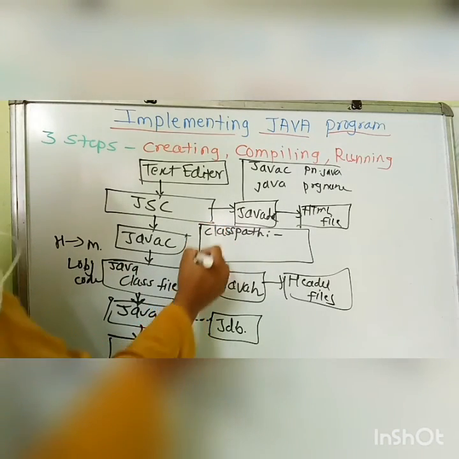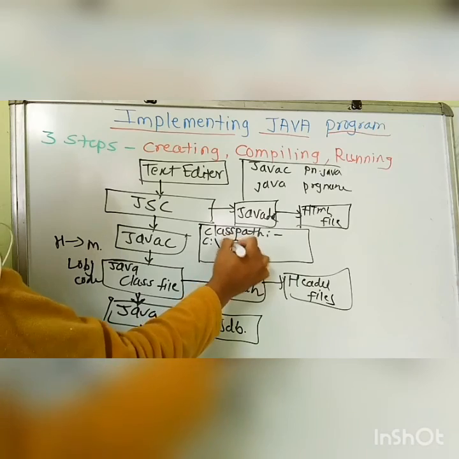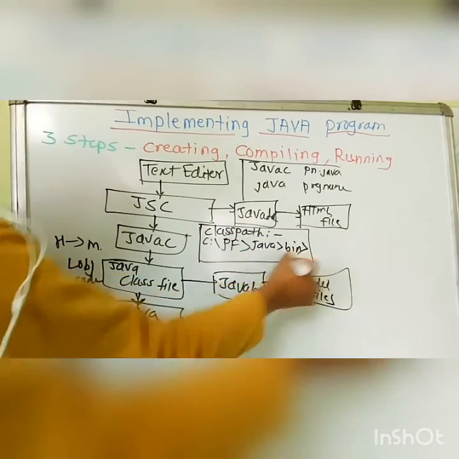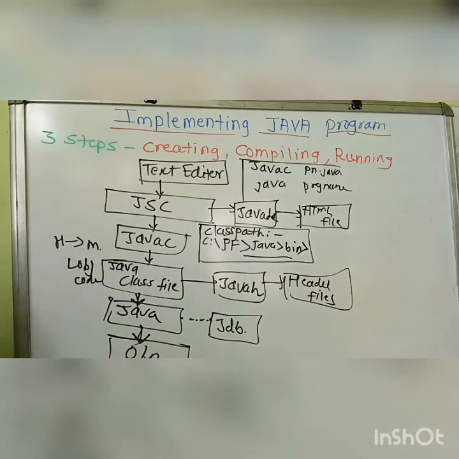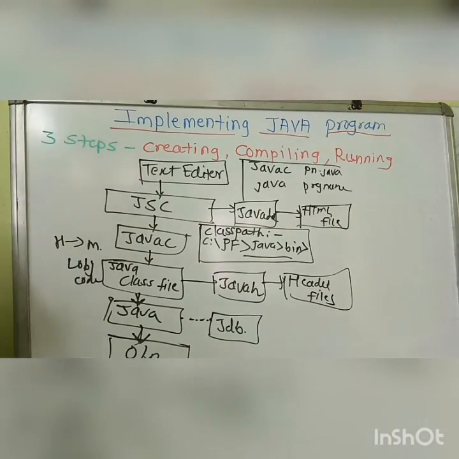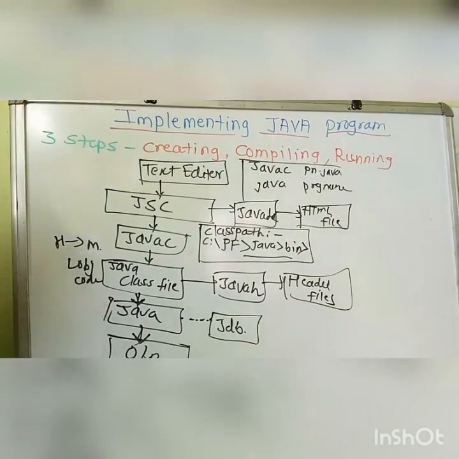When we install the JDK, we will get a class path like C, Program Files, then a Java folder, and in that bin folder we store our actual program. So this is the procedure for how to create, compile and run a simple Java program in our Java programming environment.